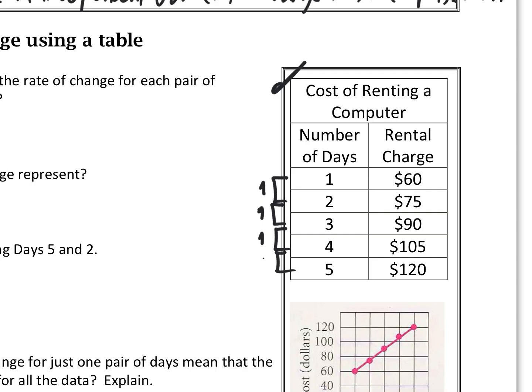Now from 60 to 75, the change is 15. 90 to 75 is also 15. 105 and then 90 is 15, and 120 minus 105 is also 15.